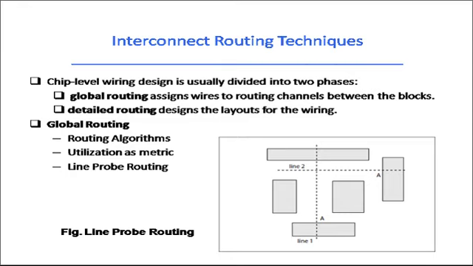For this you have two different types of interconnect routing: global routing and detailed routing. Global routing assigns wires to the routing channels between the blocks, and detailed routing designs the layout for the wiring. Global routing uses routing algorithms, and it will use line probe routing for routing all the wires throughout the chip.